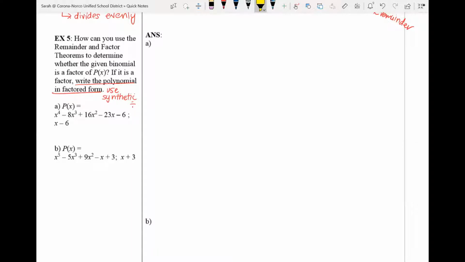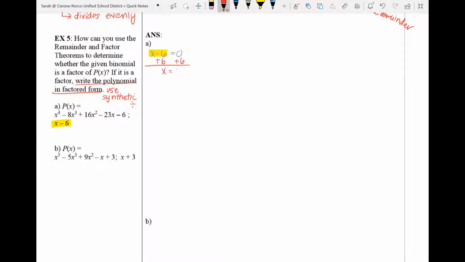So if I'm performing synthetic division with this, I want to divide x to the 4th minus 8x cubed plus 16x squared minus 23x minus 6 by x minus 6. Remember that we start with that divisor x minus 6 and we set it equal to 0. So to do that, we would add 6.